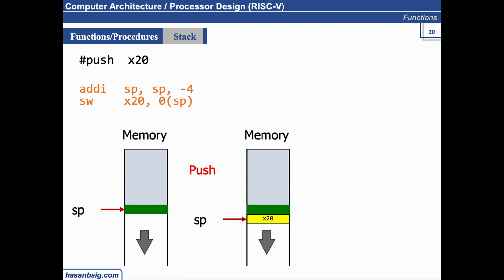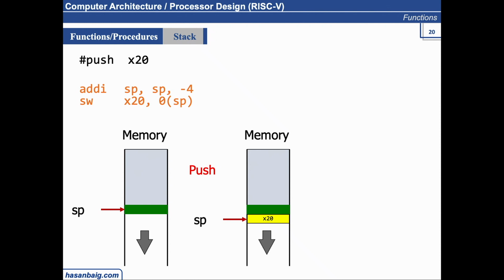What do you think when we perform the pop operation? What instructions do we need to use? What does pop do? Pop reads the element from the top of this stack, which means that once we read the element, we also need to update the SP pointer, right?